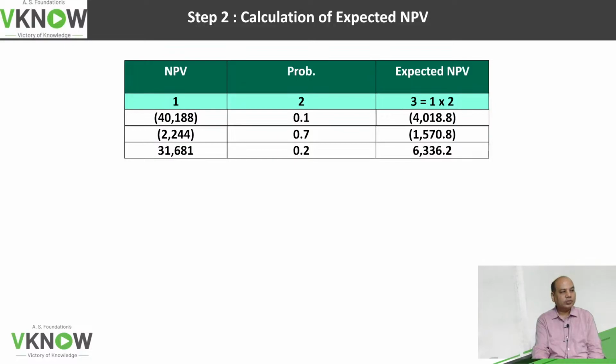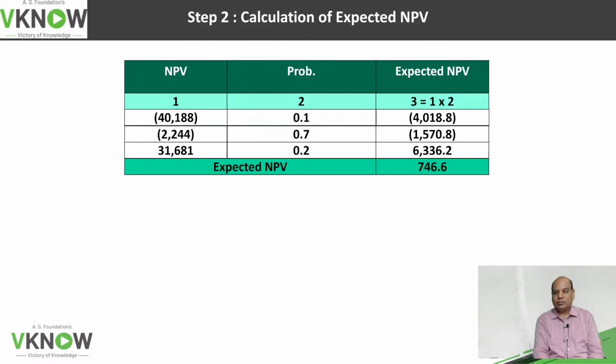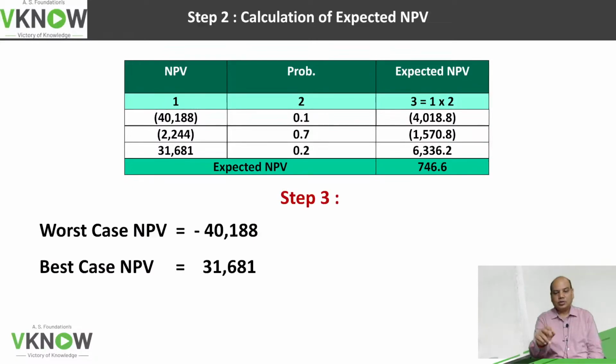Memory recall, you will get the total. Expected NPV is 746.6. Write down step number 3.